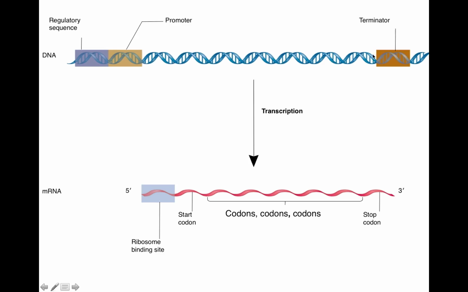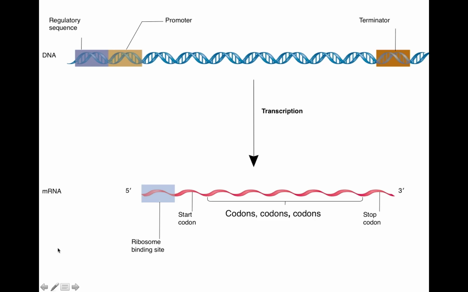We start with a DNA molecule, and on the DNA molecule we can identify specific sequences that have specific roles in the process of transcription and also in translation. So a gene is defined as a regulatory region, a coding region, and another regulatory region here. The promoter is the region of the DNA to which RNA polymerase will bind, right here.